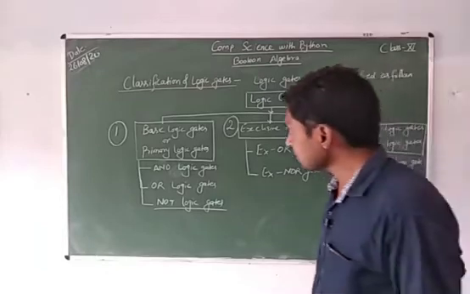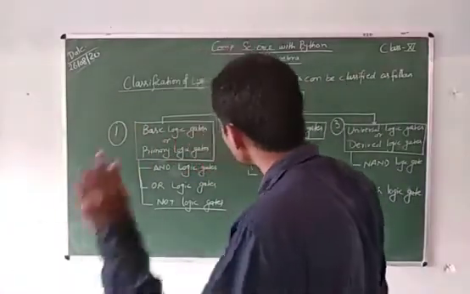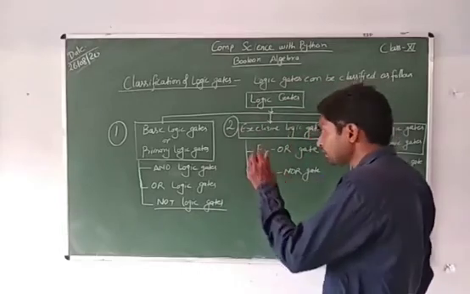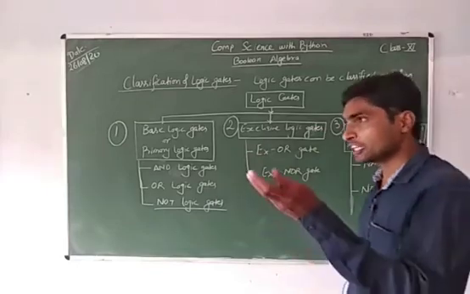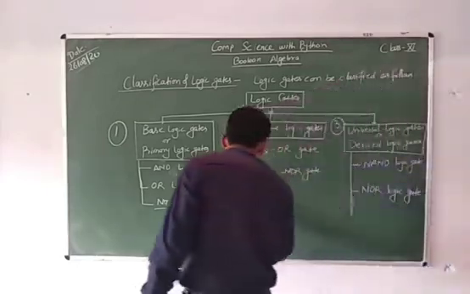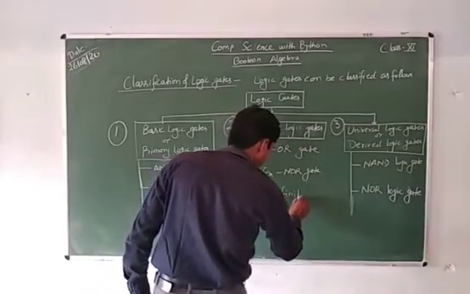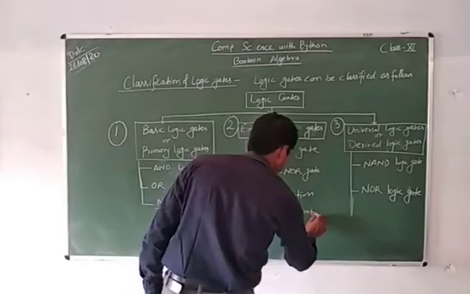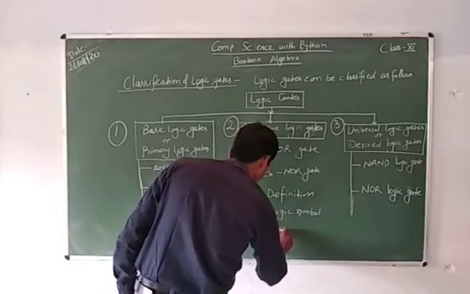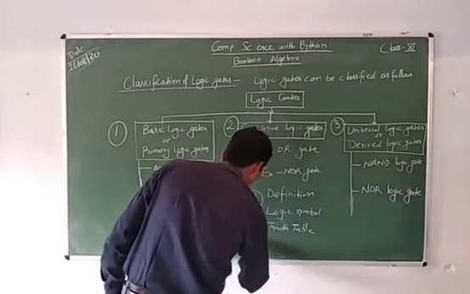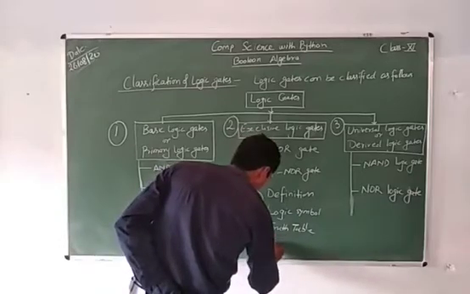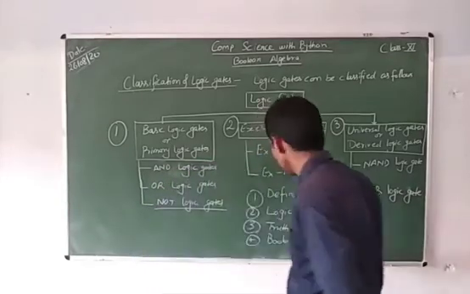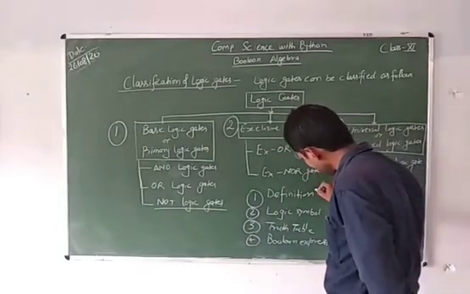Now we will study some points. To study the behavior and properties of all these logic gates, we split it into different points such as: first, definition; second, logic symbol; third, truth table; four, Boolean expression, etc. I have studied definition.